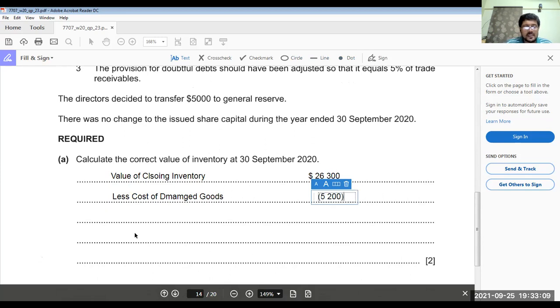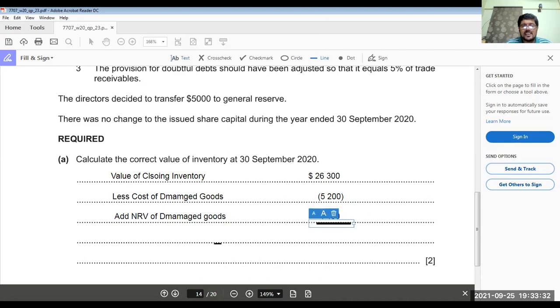Okay. Now add NRV of damaged goods. I told you the NRV of damaged goods is 4,400. Then we'll get the correct amount of inventory.